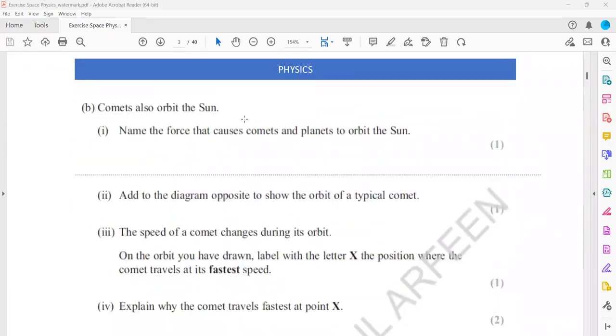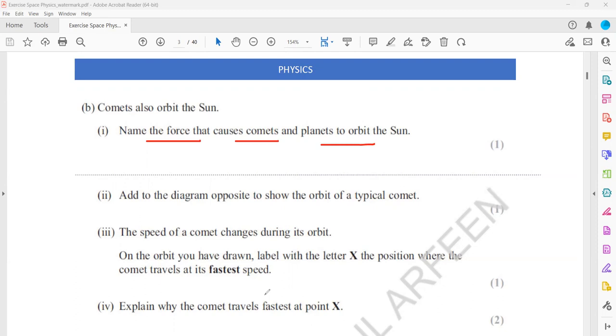The next part: comets also orbit the sun. Name the force that causes a comet and the planets to orbit the sun. What force caused the comets or the planets to orbit the sun? What do we call that force? All the forces acting toward the center are called centripetal force.